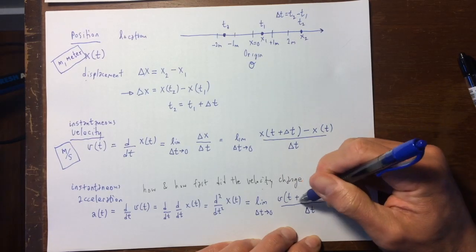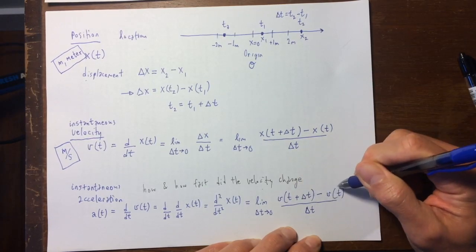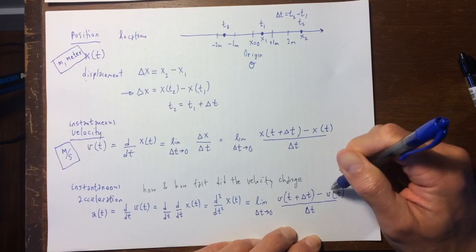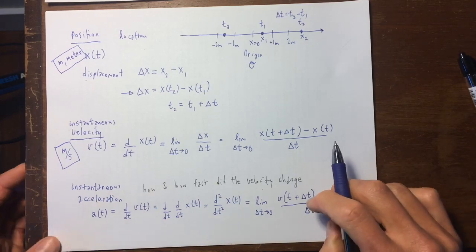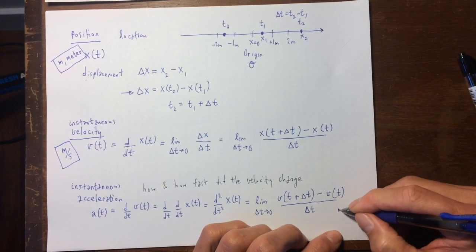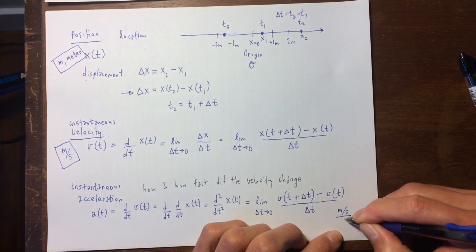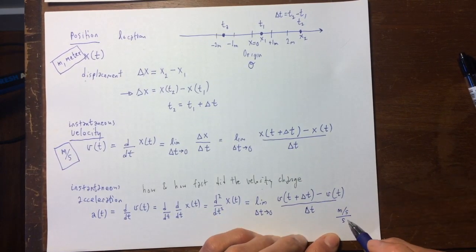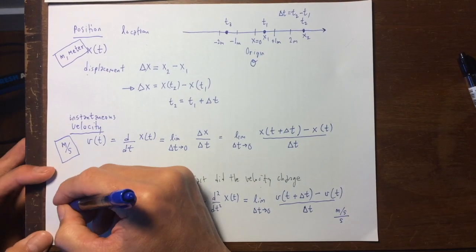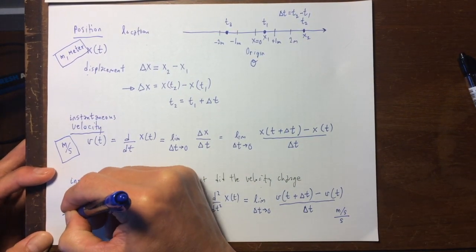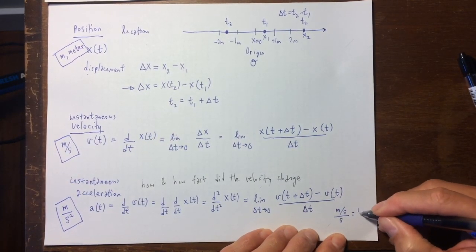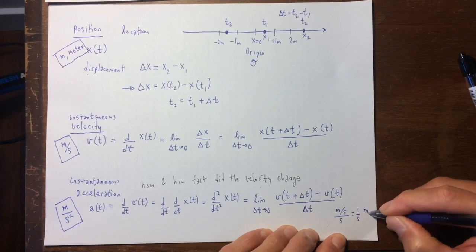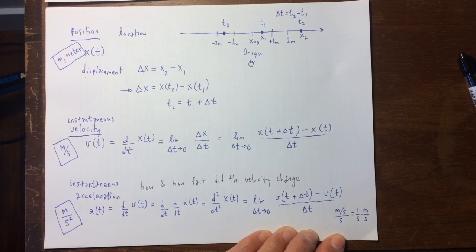So it's going to be some number of meters per second minus some other number of meters per second, and that meters per second on the top is going to be divided by another second. So this is going to look like meters per second per second. But that's the same thing as meters per second squared. The reason is that this is 1 over the second times the meter per second. If you think about it, that's just how the fractions work out.